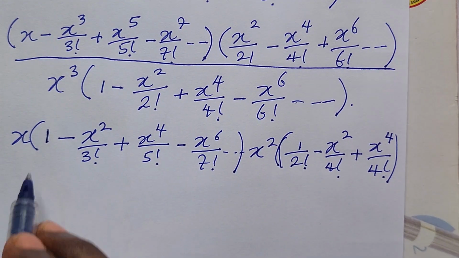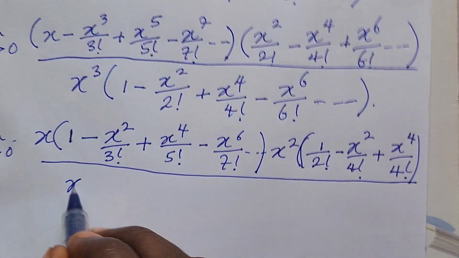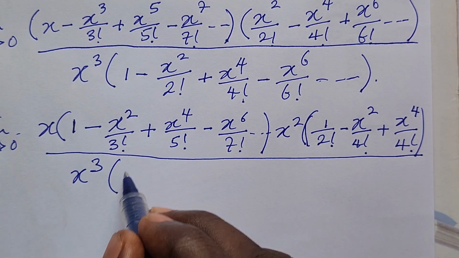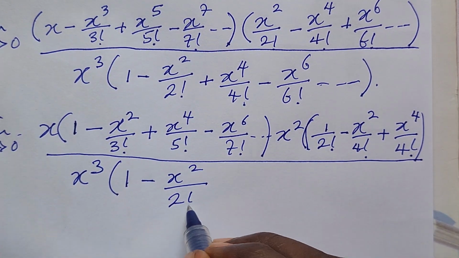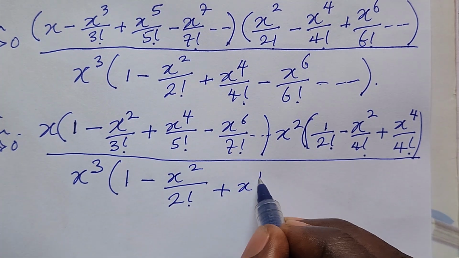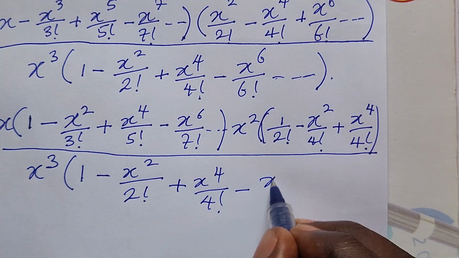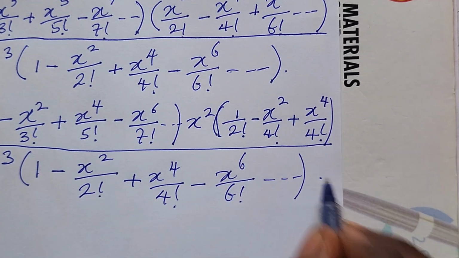Here, the denominator will still remain the same because we cannot factor out anything. So we have 1 minus x to the power of 2 all over 2 factorial, then plus x to the power of 4 all over 4 factorial, then minus x to the power of 6 all over 6 factorial.